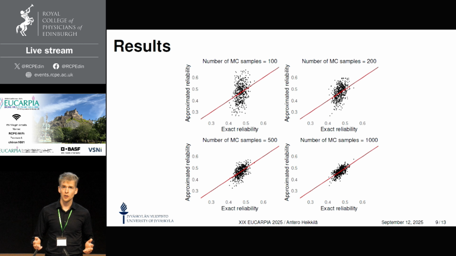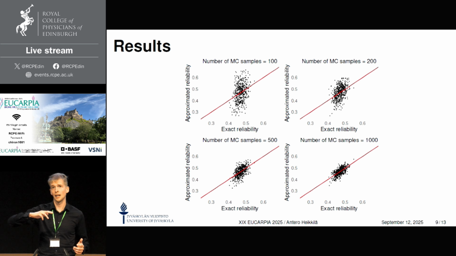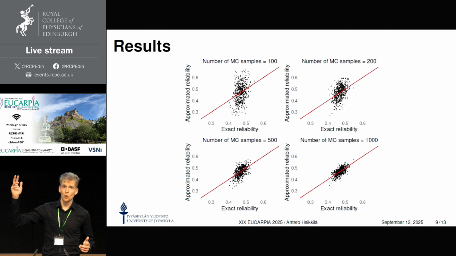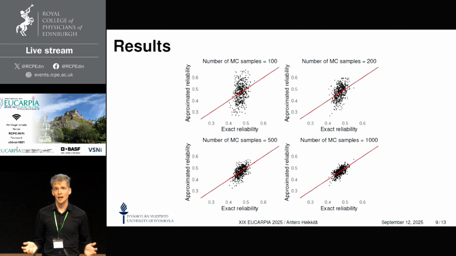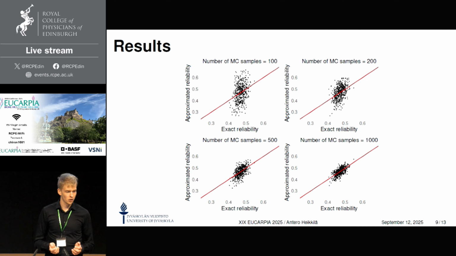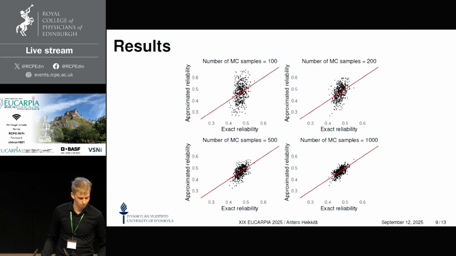In each picture, on the x-axis I have the exact reliability, and on the y-axis the approximated reliability. The red line illustrates the straight line y equals x, and the black dots are the approximations. So the closer the black dots are to the red line, the better the approximation. Here we can see that when we increase the number of Monte Carlo samples, our approximations get better.